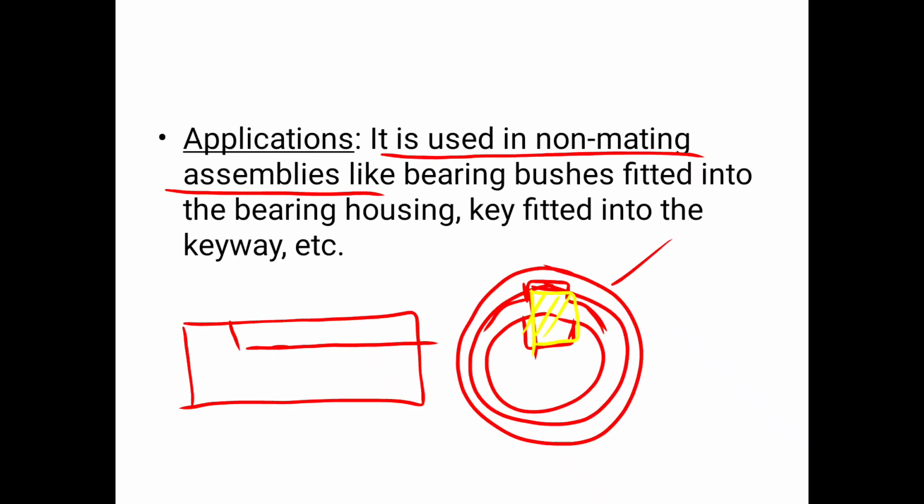This key is fitted half in the shaft and half in the hole, and it is fitted with a hammer. So press fit, that is, interference fit, is used here.